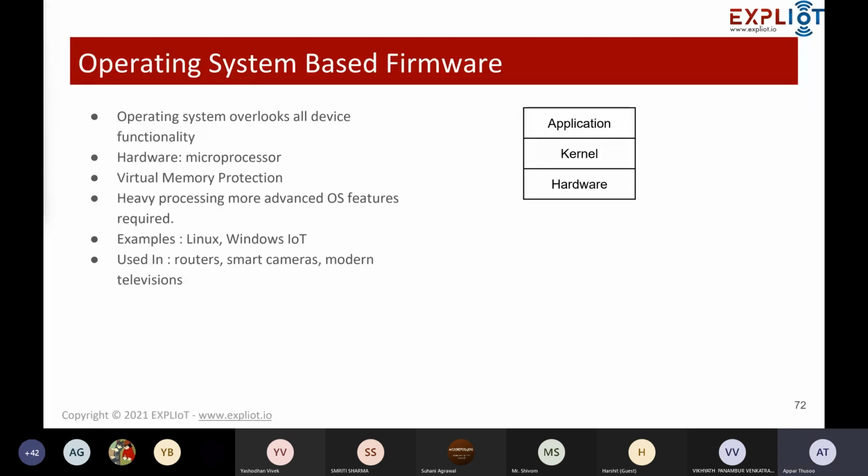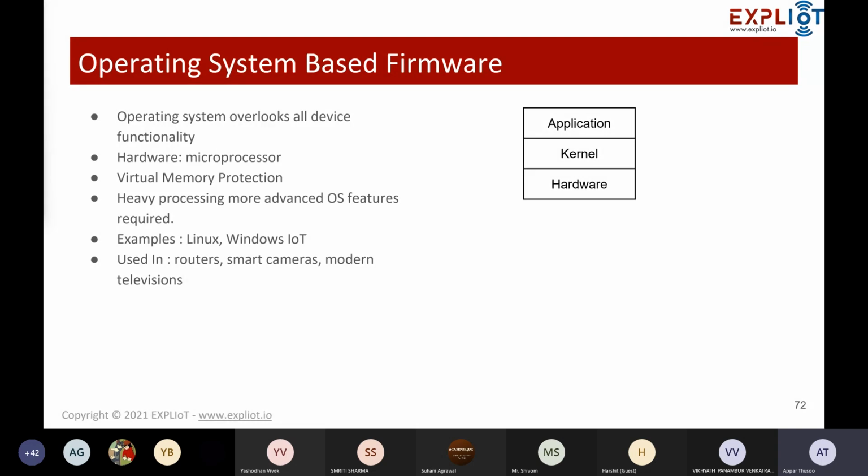You have virtual memory protection on your full-fledged OS-based firmware. That means not all parts of the memory are accessible to the user. These are very specific to the system, and only the system can access some of the memory partitions.